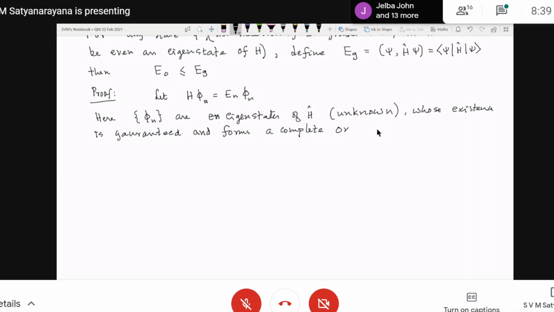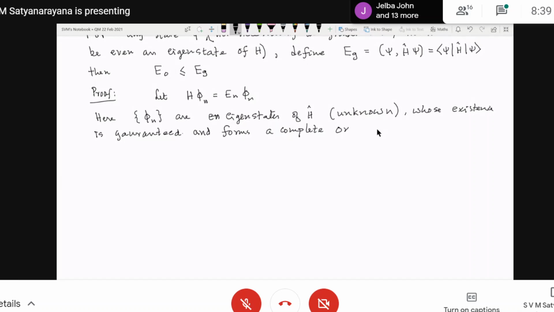The right hand side will be the sum over n of modulus Cn squared times E0, because every En is only E0. If I substitute, I can pull that out. So what is that equal to? Sum over n of modulus Cn squared is 1. So this is simply E0. Correct? So the right hand side becomes E0.